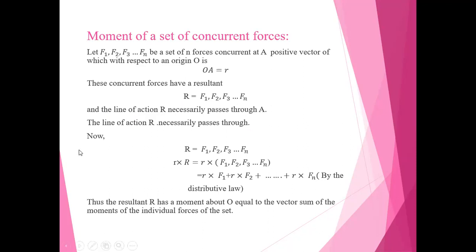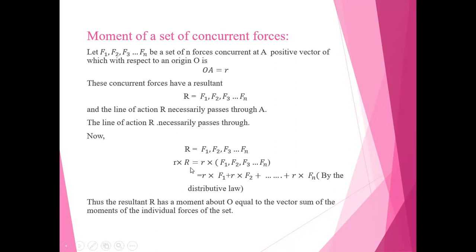The resultant is denoted by capital R equals F1 plus F2 plus F3 up to Fn, and the lines of action necessarily pass through the point A.